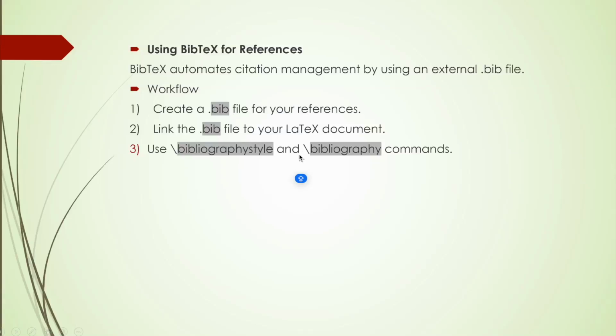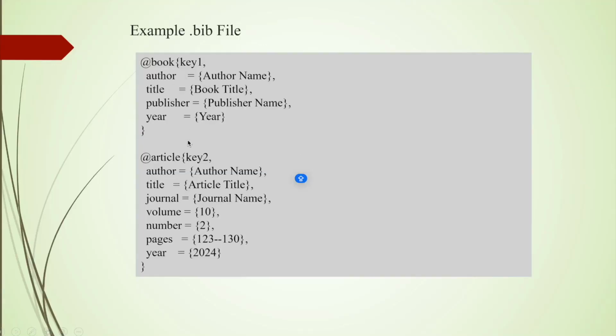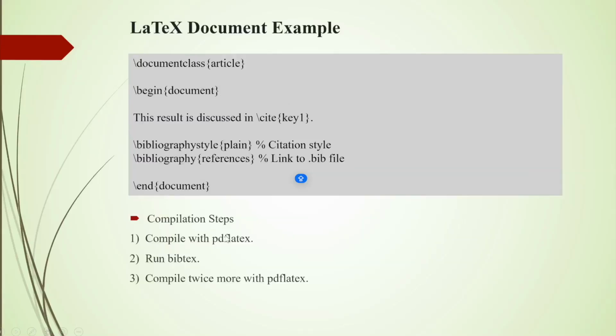The bib file is something like that. You have to create some other bib files here like that, and then we have to compile with PDFLaTeX, run BibTeX, and compile twice more with PDFLaTeX, then the bibliography appears. The simple method I have already explained, by manually creating it. This is the easy method.